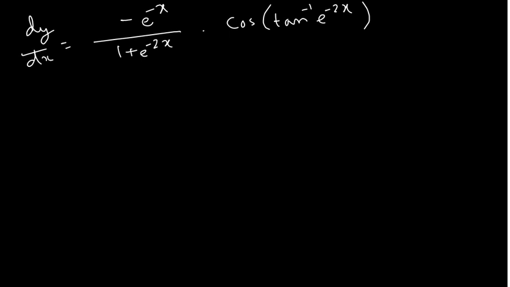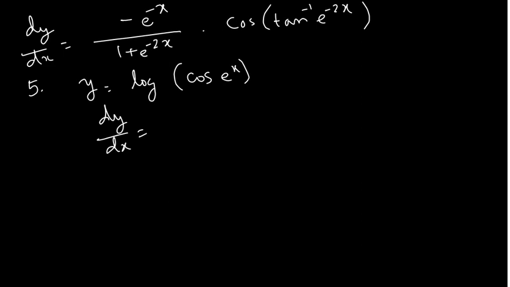Okay, so the next question is log cos e power x. y is equal to log cos e power x. So dy by dx is, for log, whatever you have, 1 by this, 1 by cos e power x, and differentiation of cos e power x.